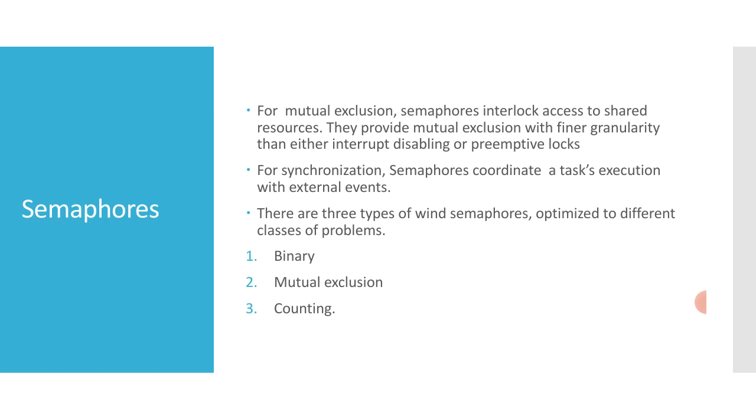And mutual exclusion: a special binary semaphore optimized for problems inherent in mutual exclusion: priority inheritance, deletion safety, and recursion. And finally, the counting semaphore, like the binary semaphore, keeps track of the number of times a semaphore is given, optimized for guarding multiple instances of a resource.